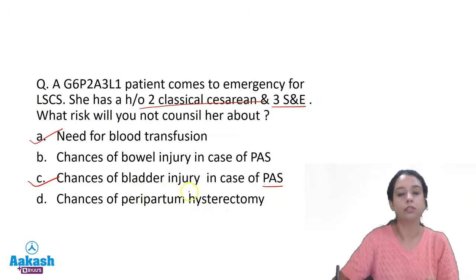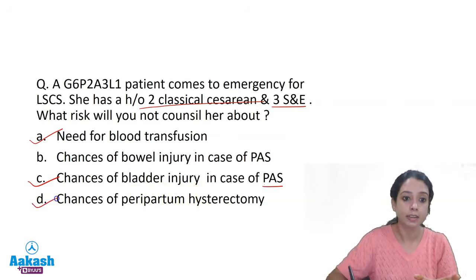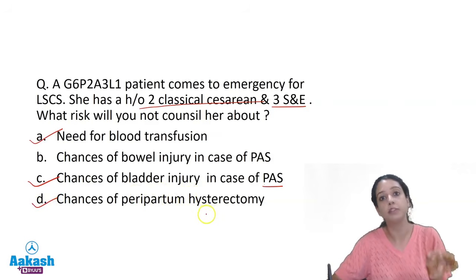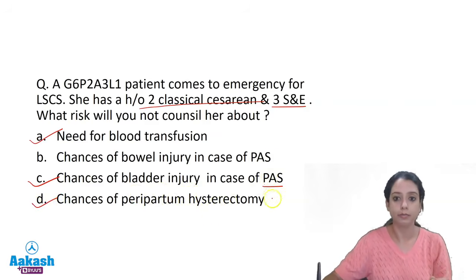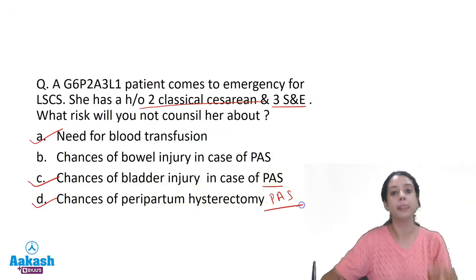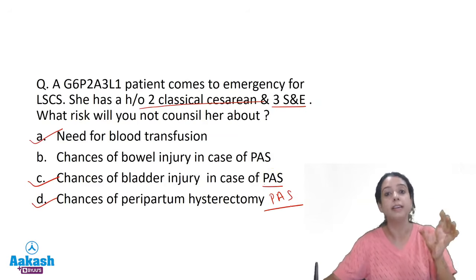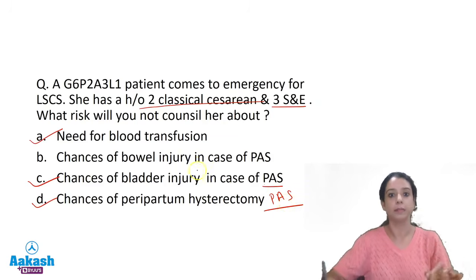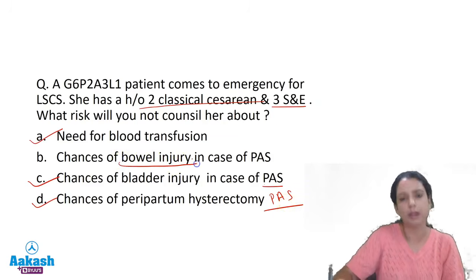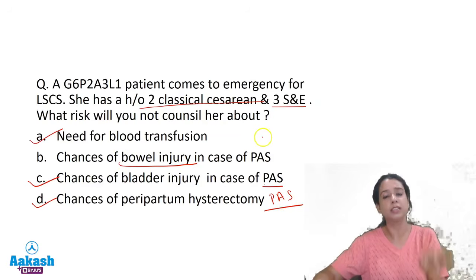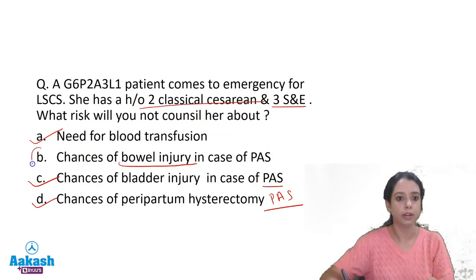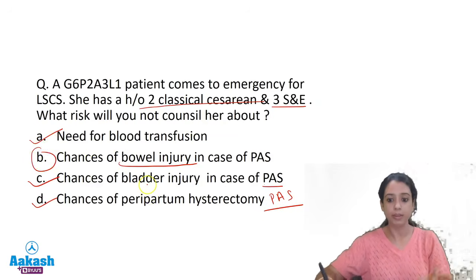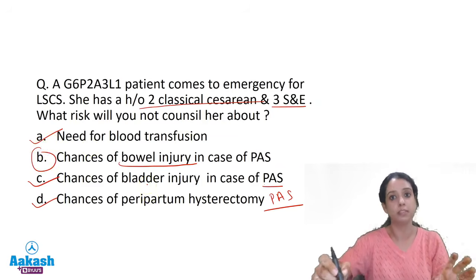She has a very high risk of bladder injury. She has risk of peripartum hysterectomy because of PAS. There are high chances that her placenta might be adhered or accreta might be there. In that case, she will need hysterectomy. Least chances are of bowel injury. Adhesions involving the bowel are very unlikely, and this will be your answer. As such, you will explain it to her, but if asked among these 4, best is B.